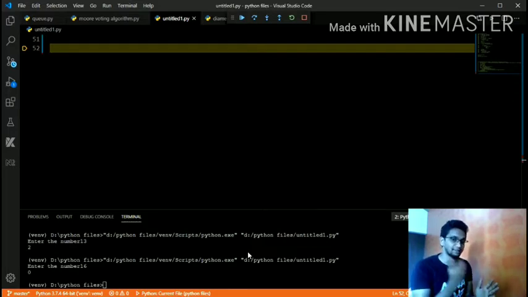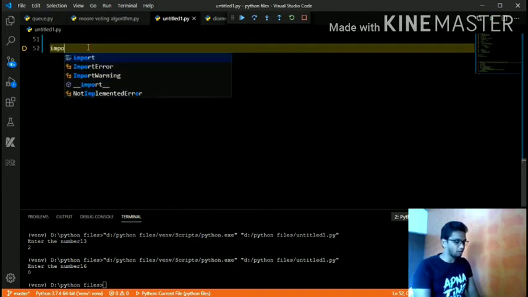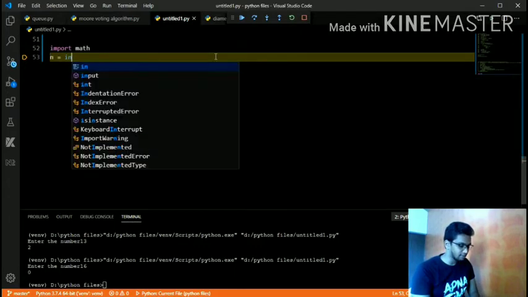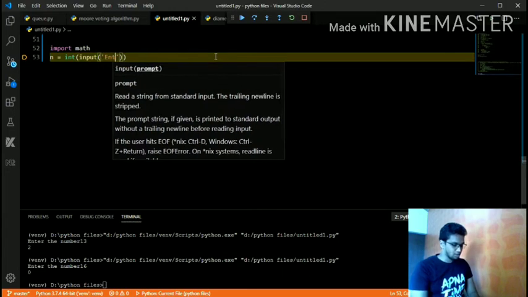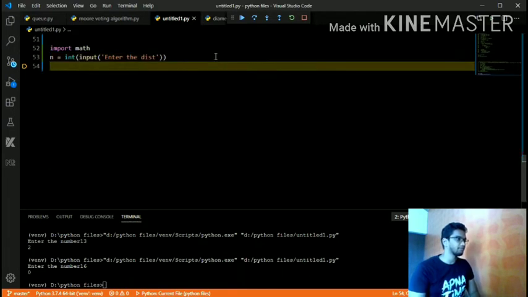I am going to take the same approach over here. So I am going to import the math module. After importing the math module I will take the input from the user, enter the distance. Now I'll take a variable count and initialize it to 0.